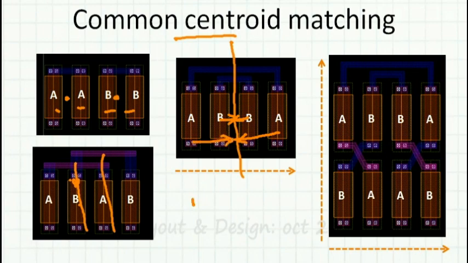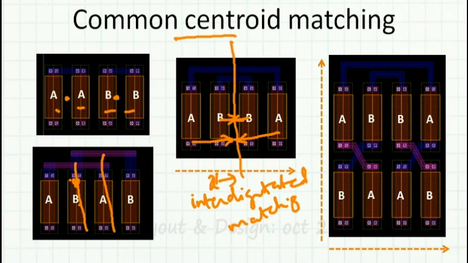This is called interdigitated matching. So whenever I have a gradient in x direction, this will take care. Sometimes the gradient can be in both directions, not only in x but also in y.